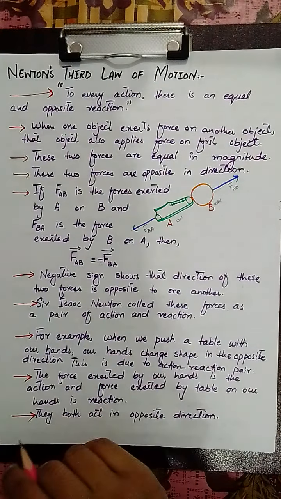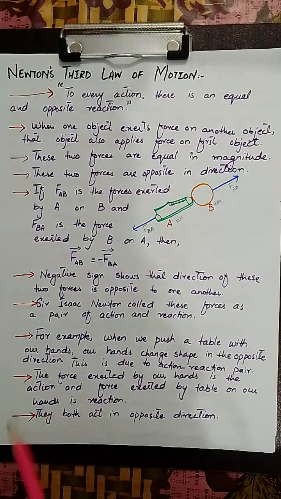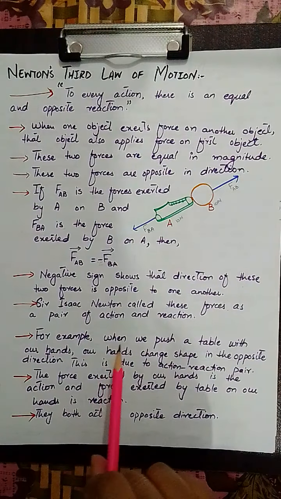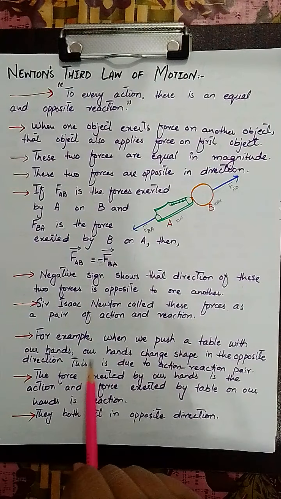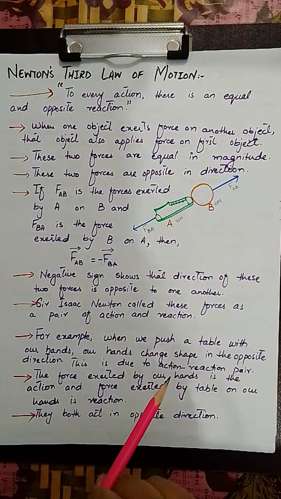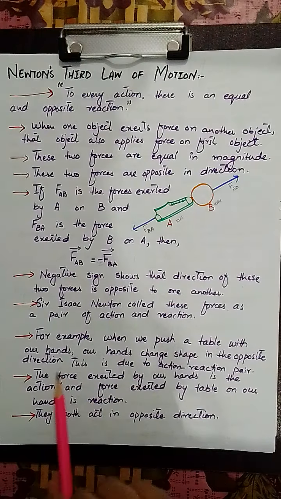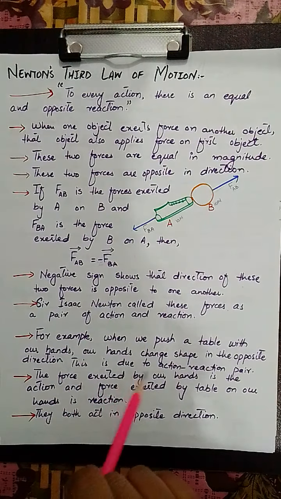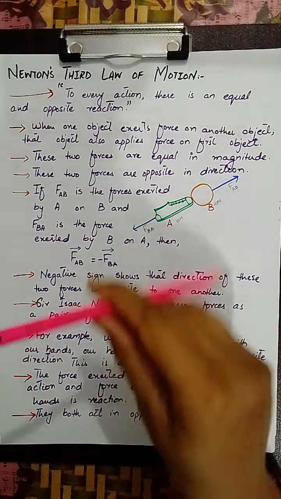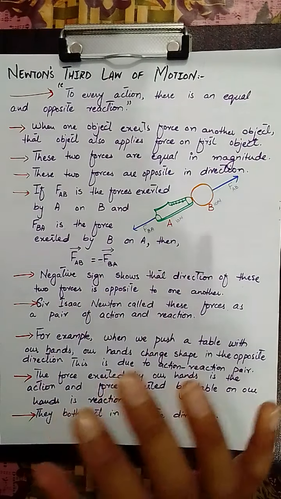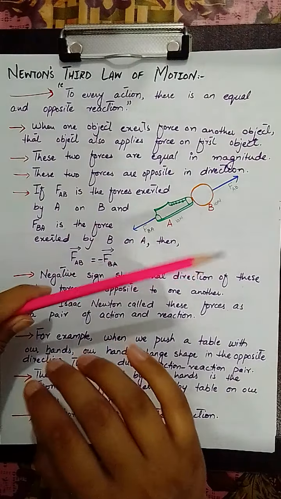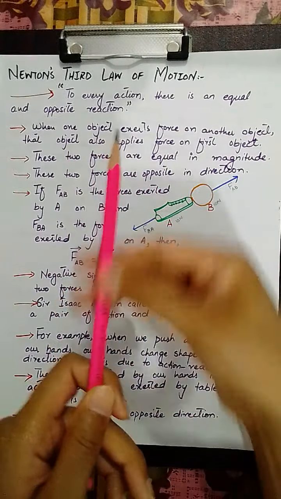Okay, coming towards the example, there are many real life examples that you can think of. We are going to discuss one. For example, if we push a table with our hands, our hands change shape in the opposite direction. This is due to the action reaction pair. Let's suppose I'm just trying to push a table, and this is the edge of that table.